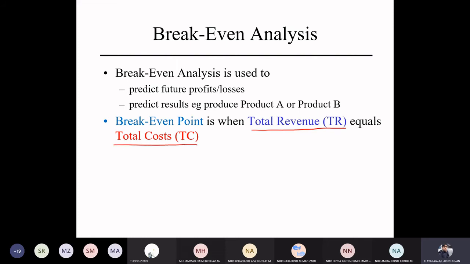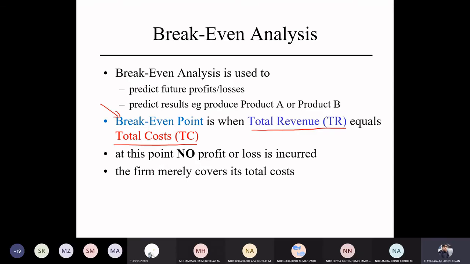When you reach this condition, where TR equals TC, we call it reaching the break-even point. That means you don't earn any profit, but at the same time you don't lose anything based on your business. So at the break-even point, there is no profit or loss incurred, as I said earlier.